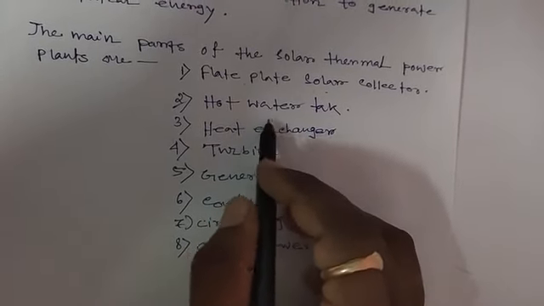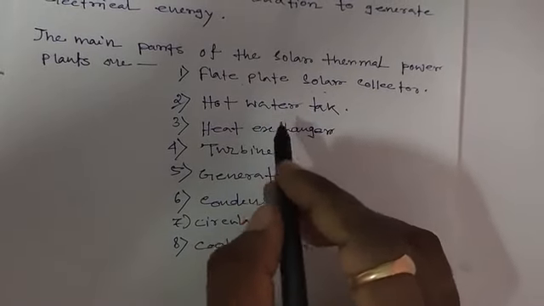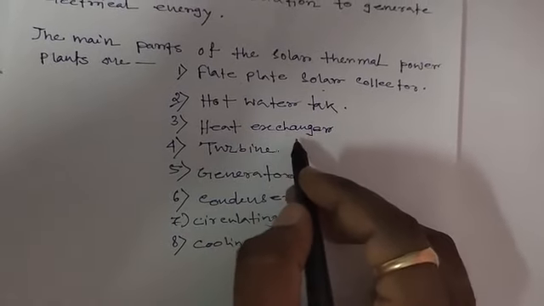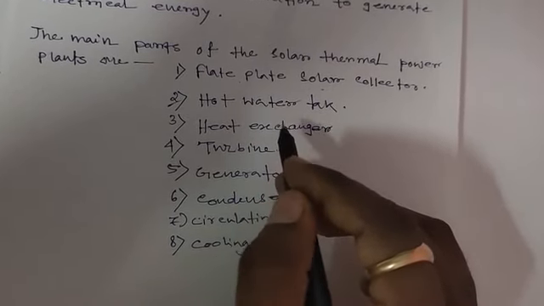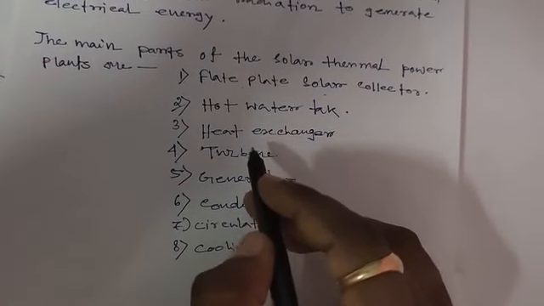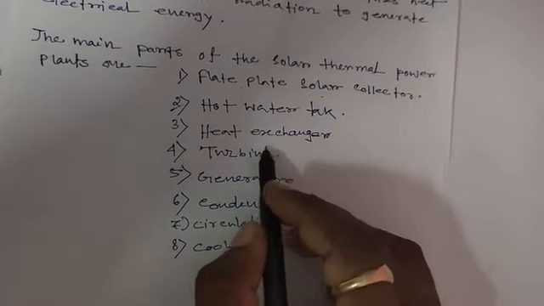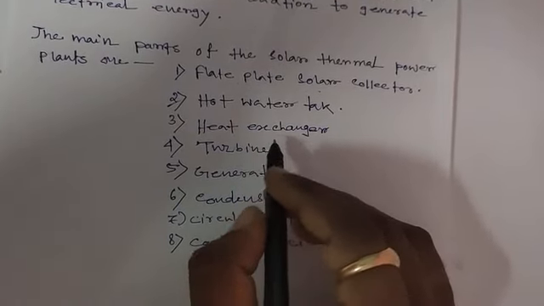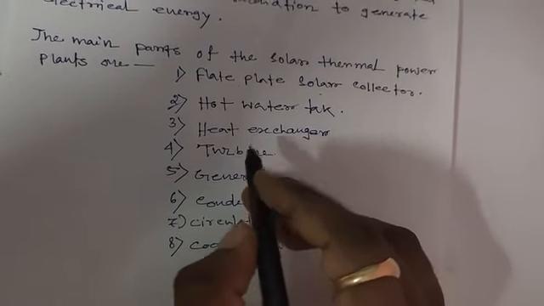The hot water from the hot water tank is pushed by the pump and transferred to the heat exchanger. Then this heat exchanger produces superheated steam. This steam is forcefully forwarded to the turbine.